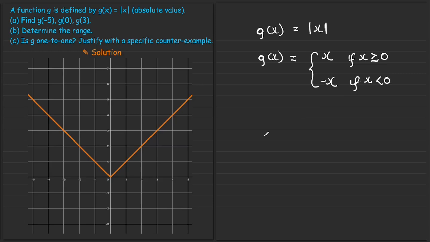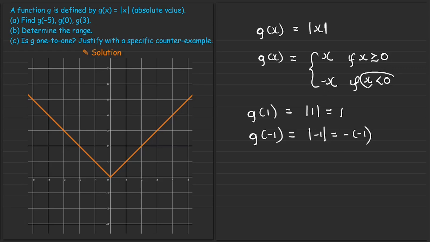What does this actually mean? It simply means if we have g of 1, 1 here is greater than or equal to 0, so the absolute value of 1 is 1. On the other hand, if we have g of negative 1, then the absolute value of negative 1 is equal to negative 1.